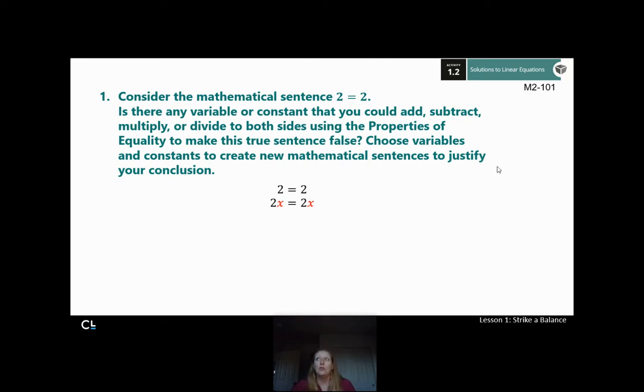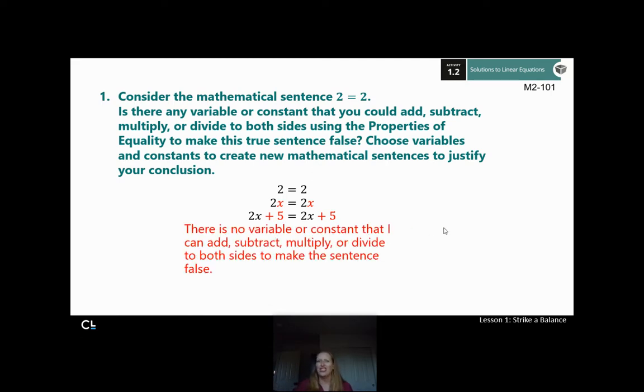What if I use maybe the addition property of equality? I'm going to add 5 to both sides. So 2x plus 5 equals 2x plus 5. That's still totally true. Of course it's still true, because I have to do the same thing to both sides. I can't make it false. There is no variable or constant that I can add, subtract, multiply, or divide to both sides to make this sentence false.